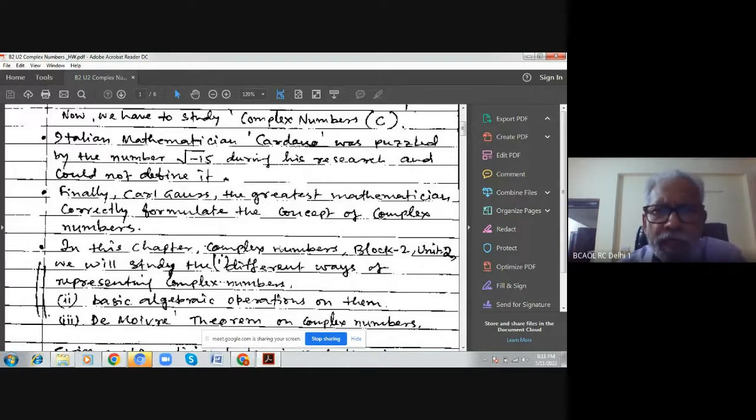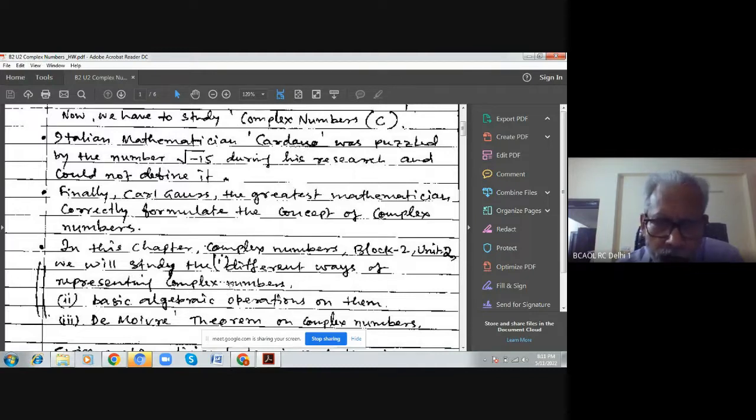In this chapter, in the complex number unit of block 2, we have to study different ways to represent complex numbers. Complex means the numbers are not in a purely real manner. Some real part is there and some imaginary part is there.